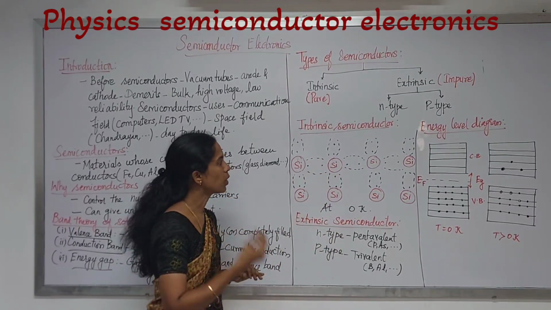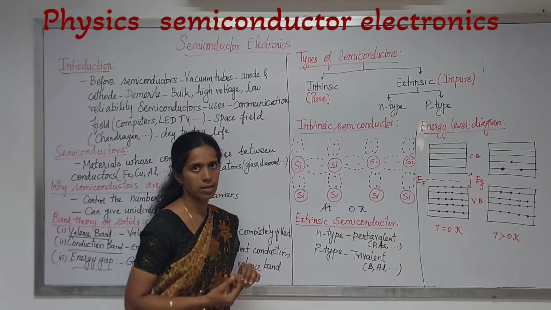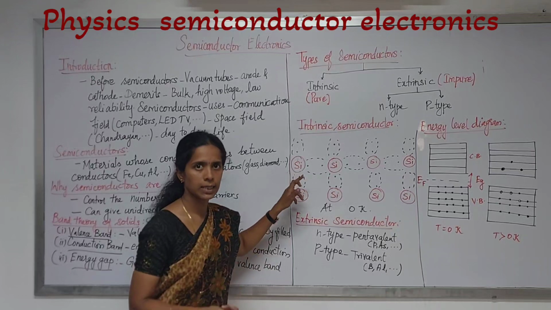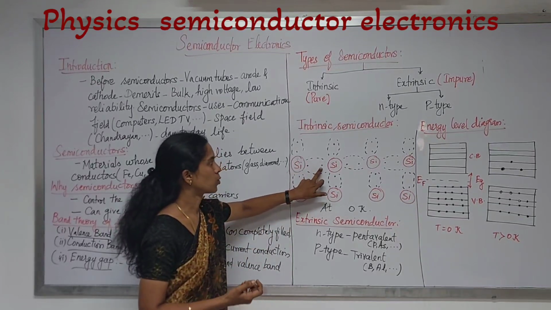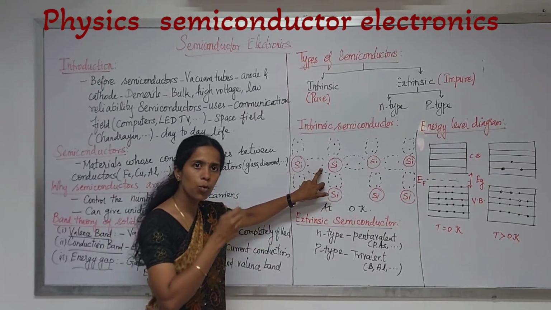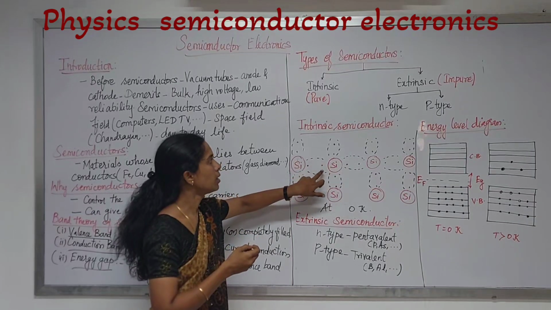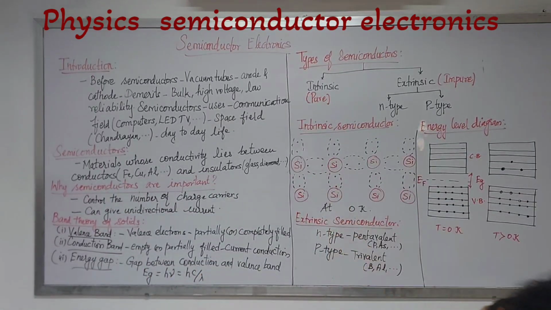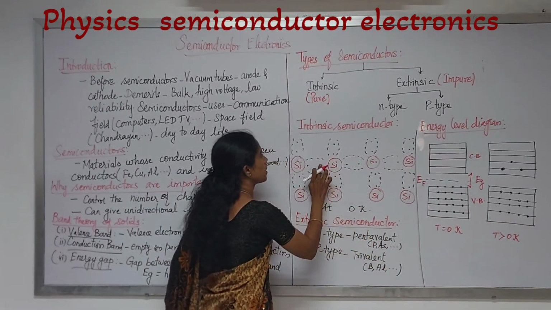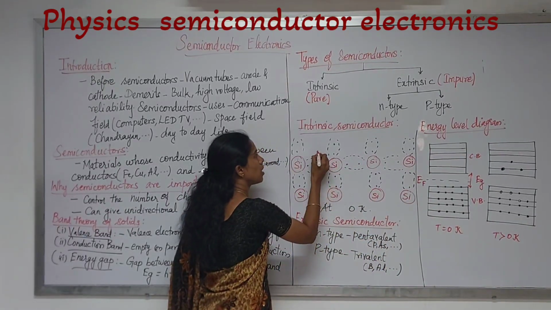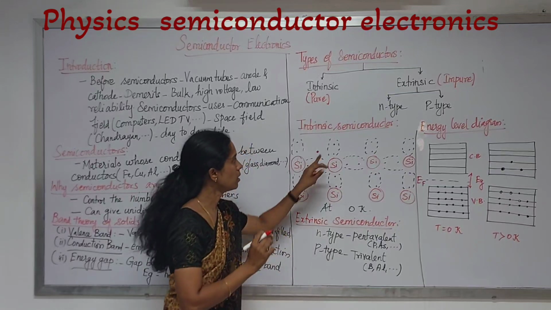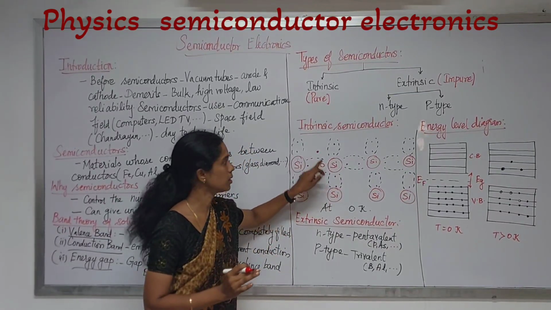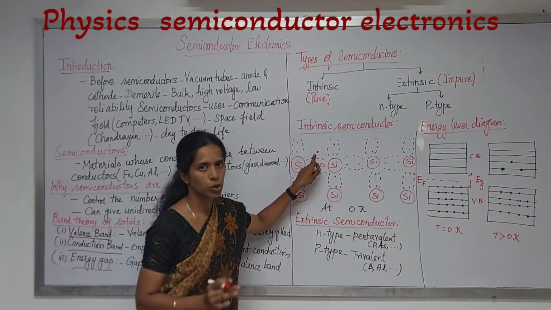What happens when the temperature is increased? When I increase the temperature, an electron can be removed from its orbit and holes are created. What is meant by a hole? The electrons are removed from the bonding and holes have been created. Holes are the positive charge carriers and electrons are the negative charge carriers.